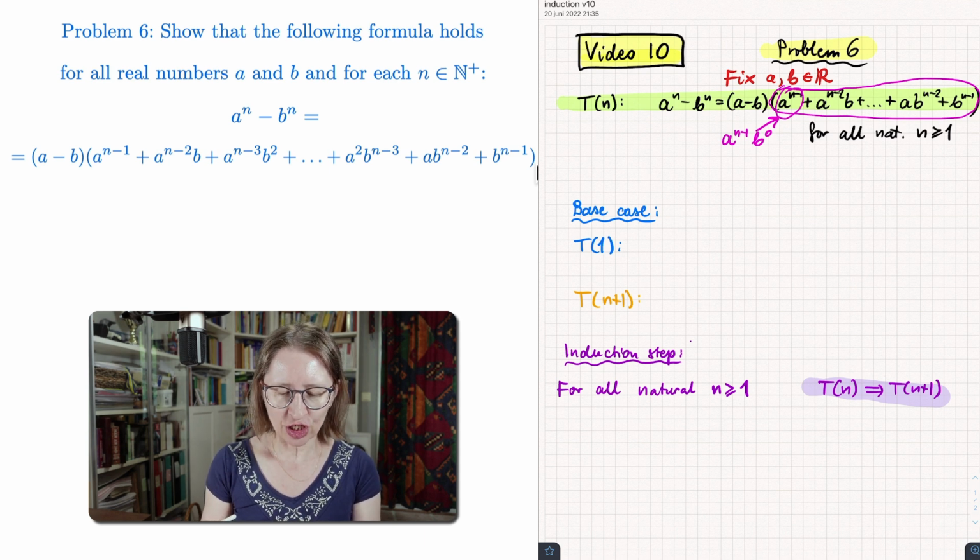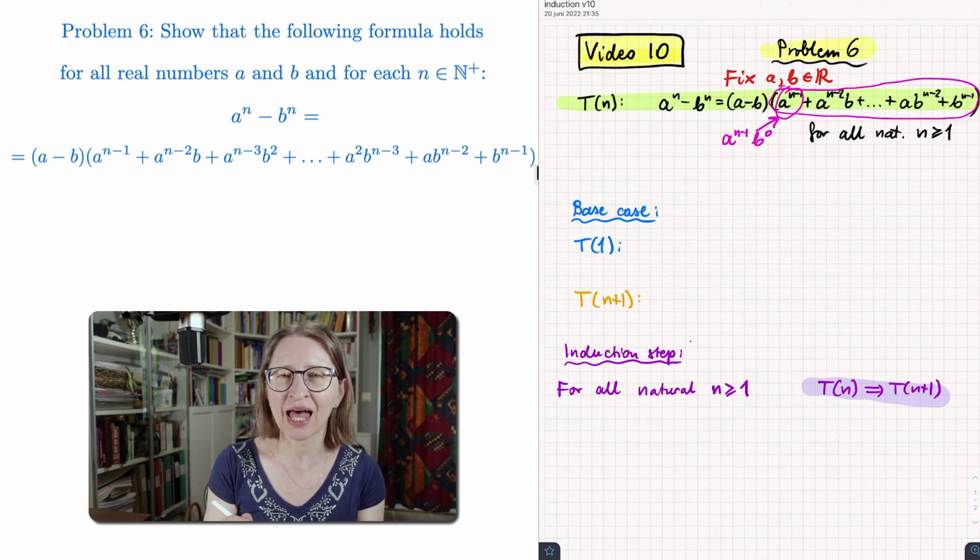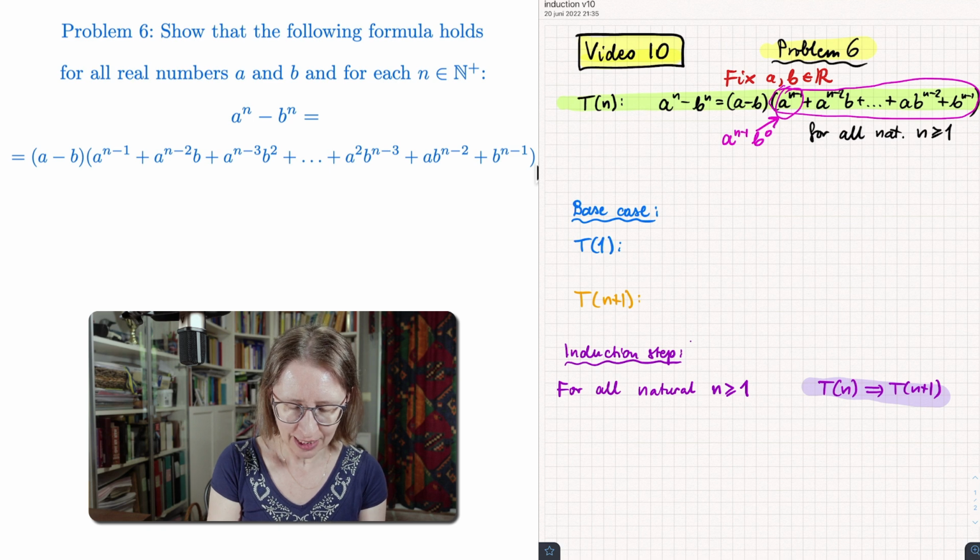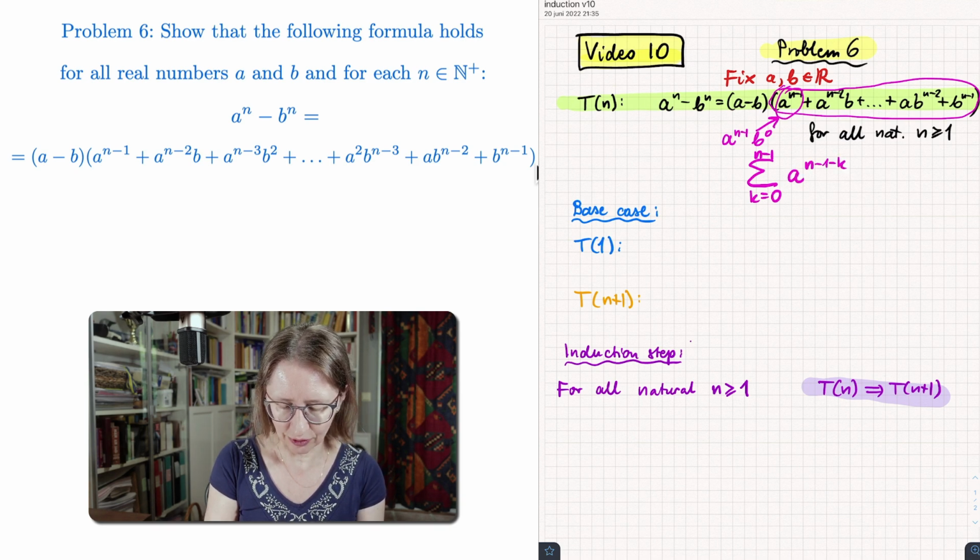So we can write down this expression in the parentheses with help of a sigma notation. It will be the sum with k going from 0 to n minus 1, where a will be to the power n minus 1 minus k, and b will be to the power k.